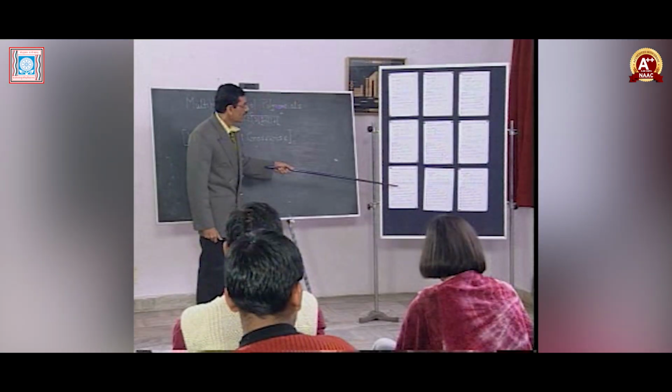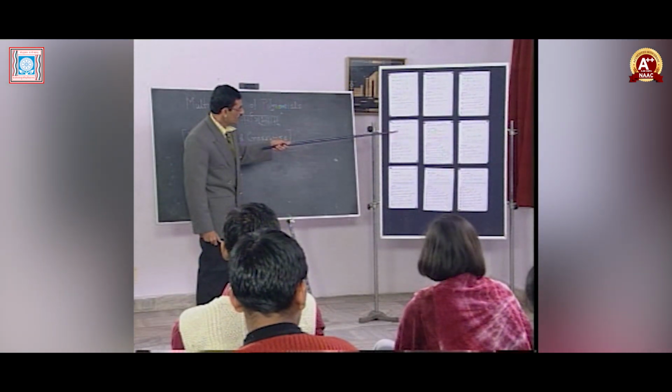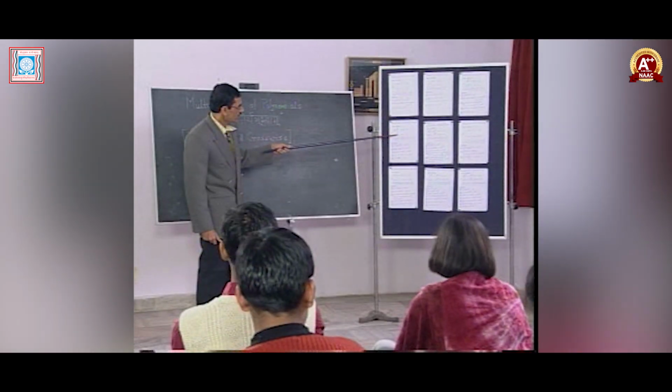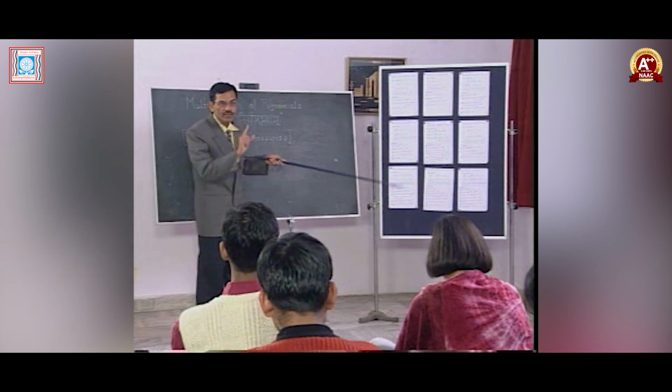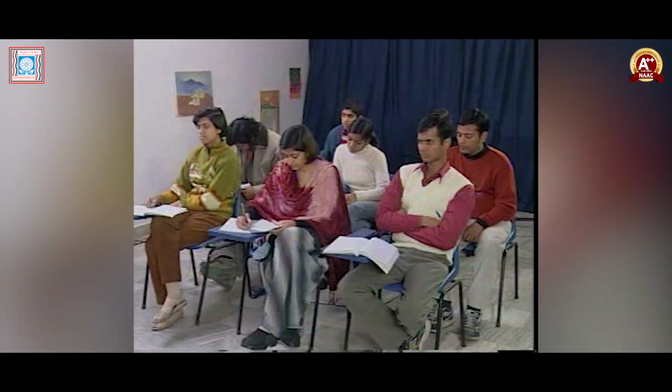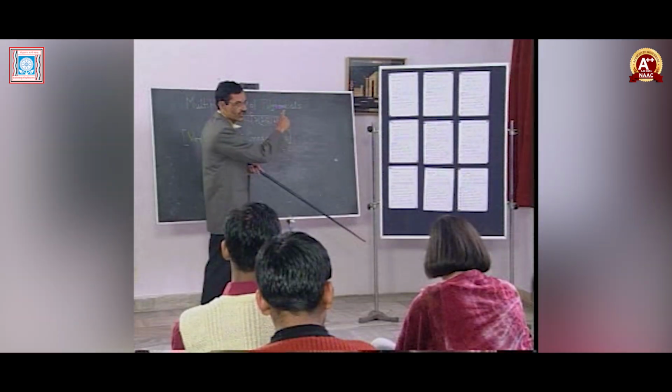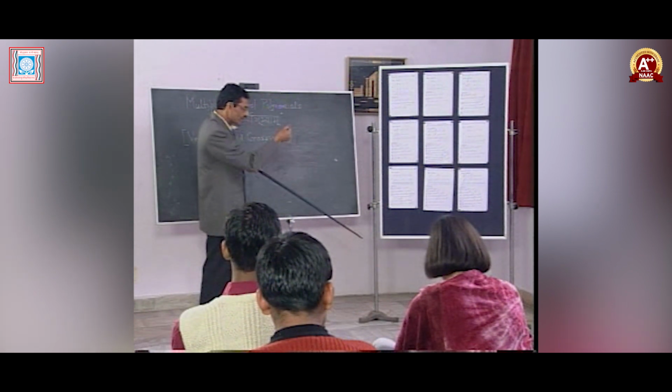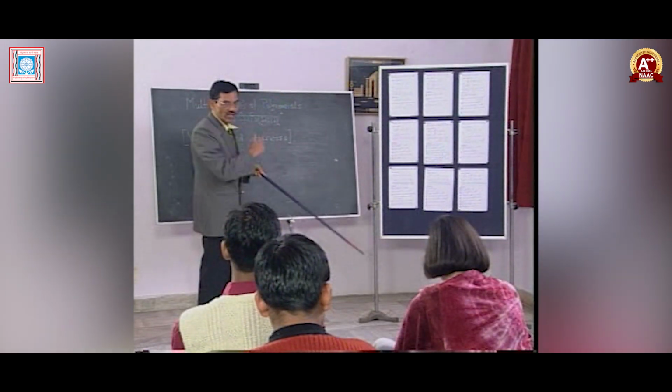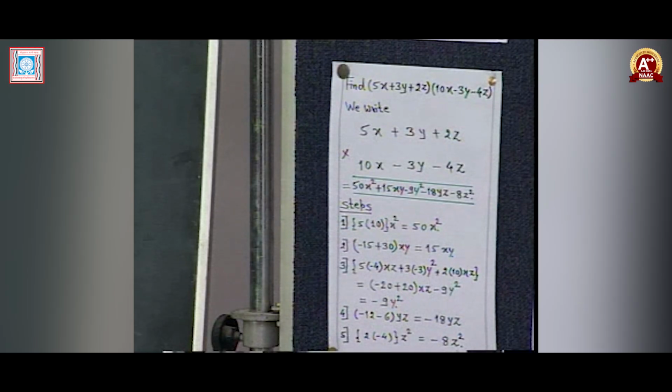This example and the example which we have studied earlier, 2x square minus x plus 3 and 3x square plus 5x minus 1, coefficient wise there is no change. We have to take the multiplication as usual, but we have to take note of the multiplication of the variables. Let us start with the first term. So 5 into 10, and x into x, x square.